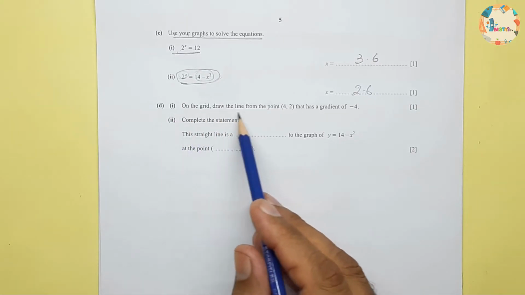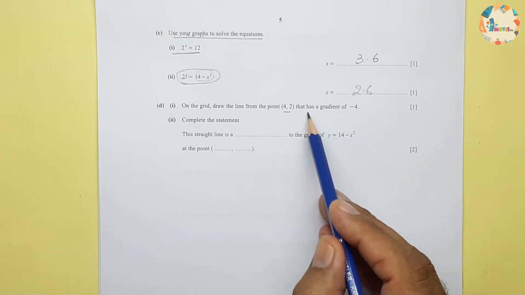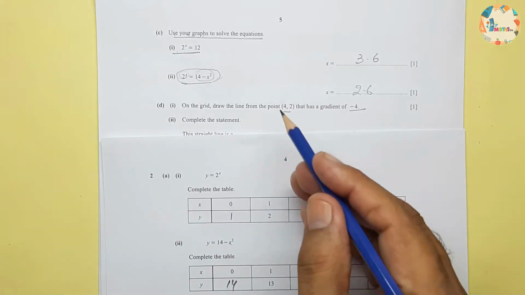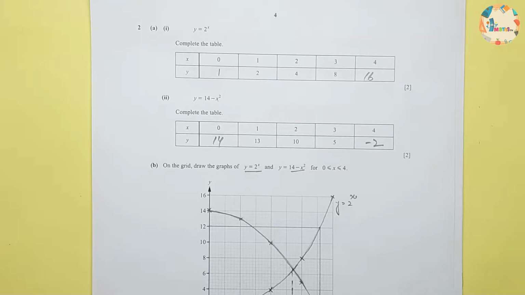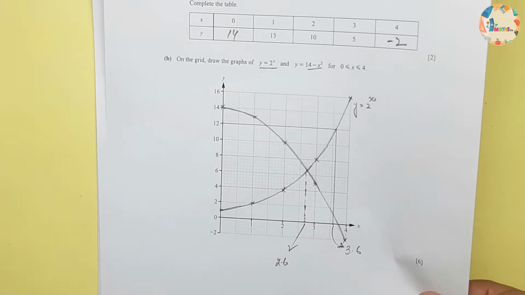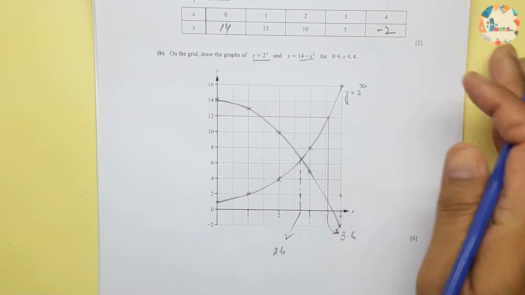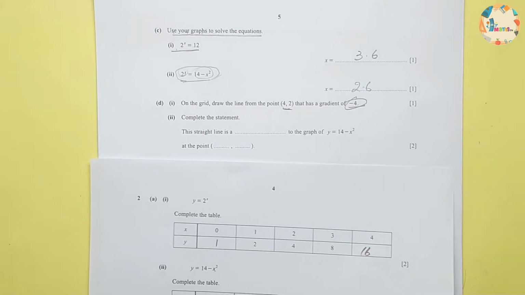So D part, on the grid draw the line from the point, this one that has a gradient of -4. So again we have to go to the graph, and the point is 4 and 2, and we have to take 4 and 2 from here. 4 and 2 will be this point, and from here they are saying 4 and 2 with gradient -4.